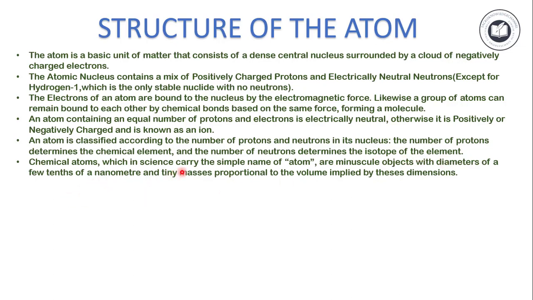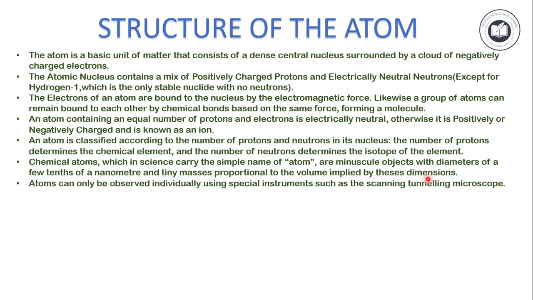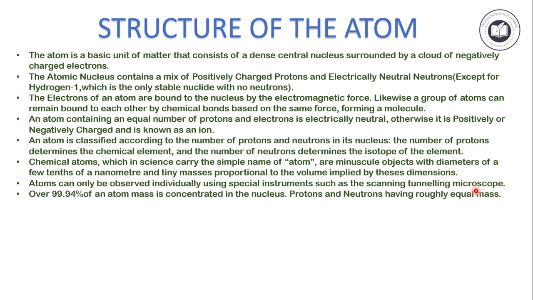Chemical atoms, which in science carry the simple name of atom, are minuscule objects with diameters of a few tenths of a nanometer and tiny masses proportional to the volume implied by these dimensions. Atoms can only be observed individually using special instruments such as the scanning tunneling microscope.